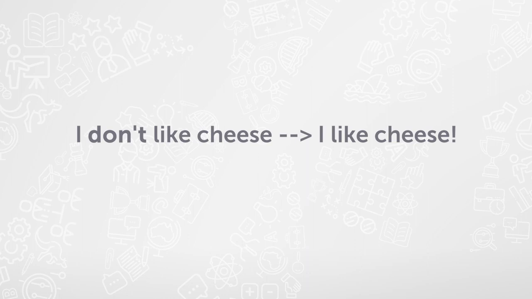If I say, I don't like cheese, the opposite would be, I like cheese, right? Not, I do like cheese. So basically, we added don't in the negative sentence, not just not, as we did for be and have. Do was not there before. Let's look at some more examples to make this clearer.